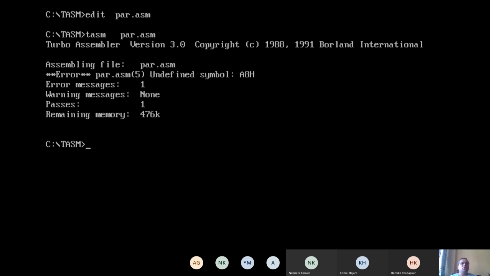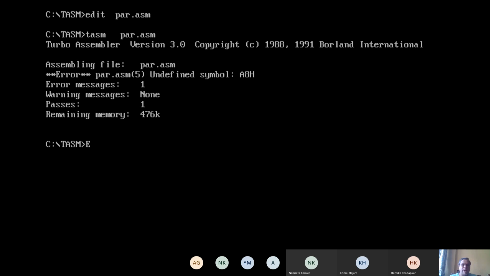So the assembler will help us in this respect. It will specify the line number where there is an error, and what error it is saying: undefined symbol A8H, because we want this to be considered as a number and the processor is trying to treat it as the name of some register. So if the number is starting with an alphabet, you have to prefix it with 0, right?